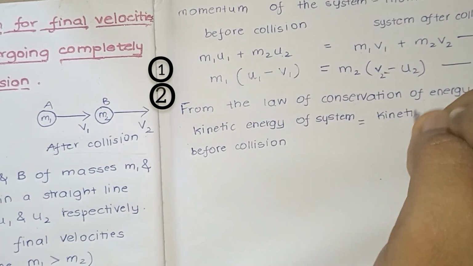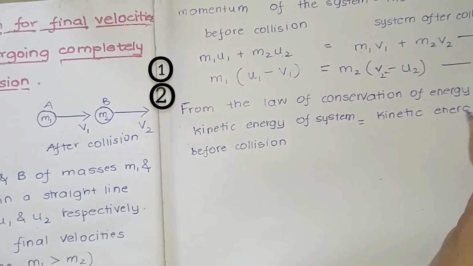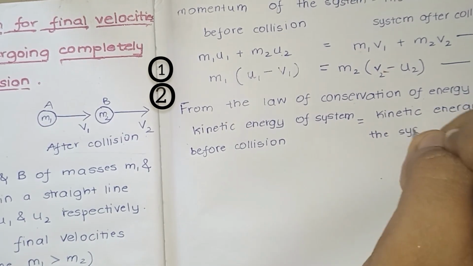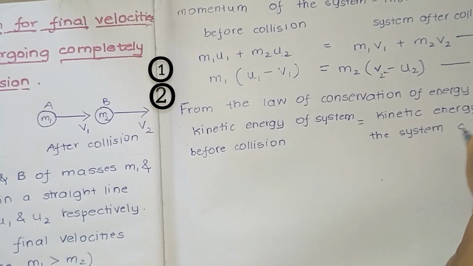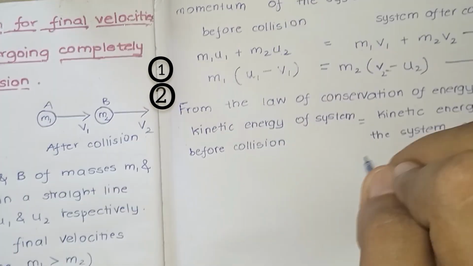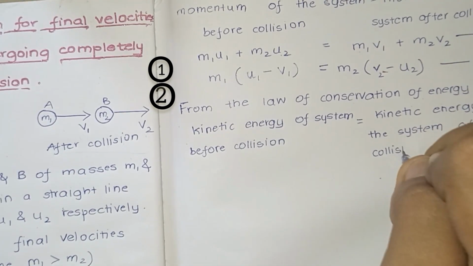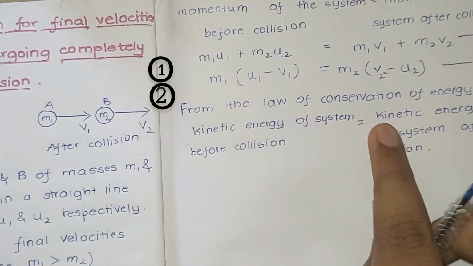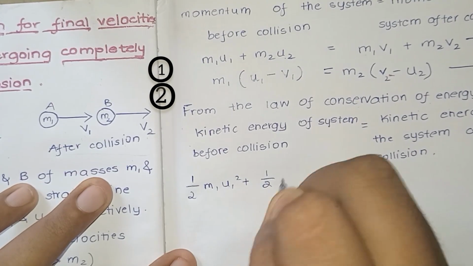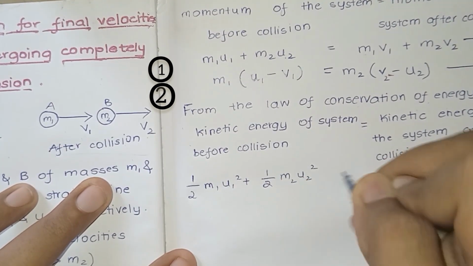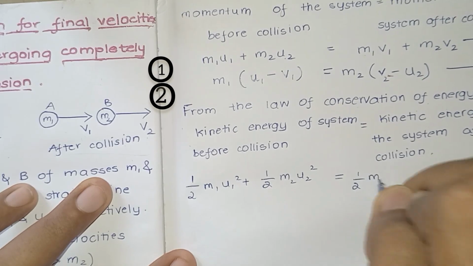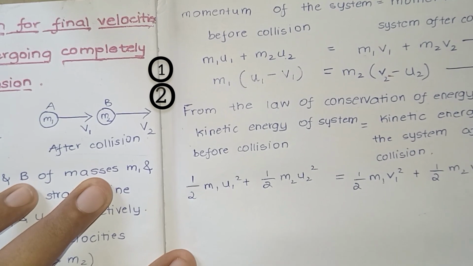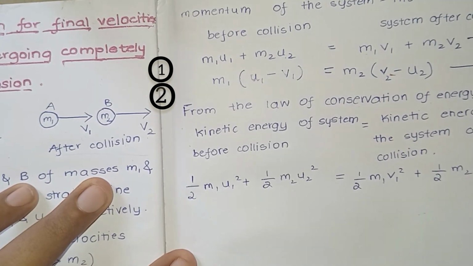So half m1 u1 square plus half m2 u2 square is equal to half m1 v1 square plus half m2 v2 square.